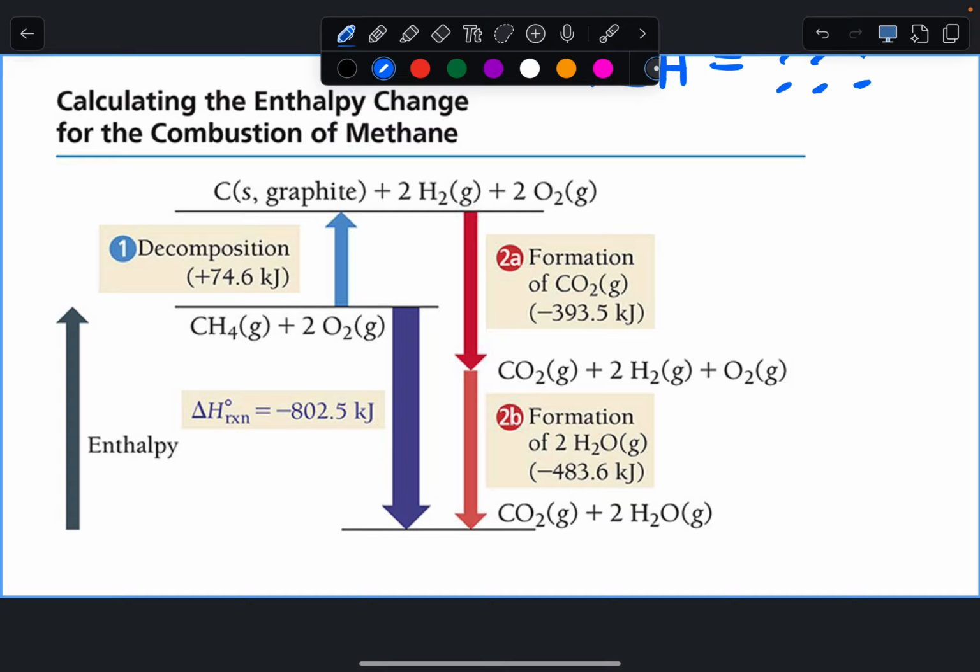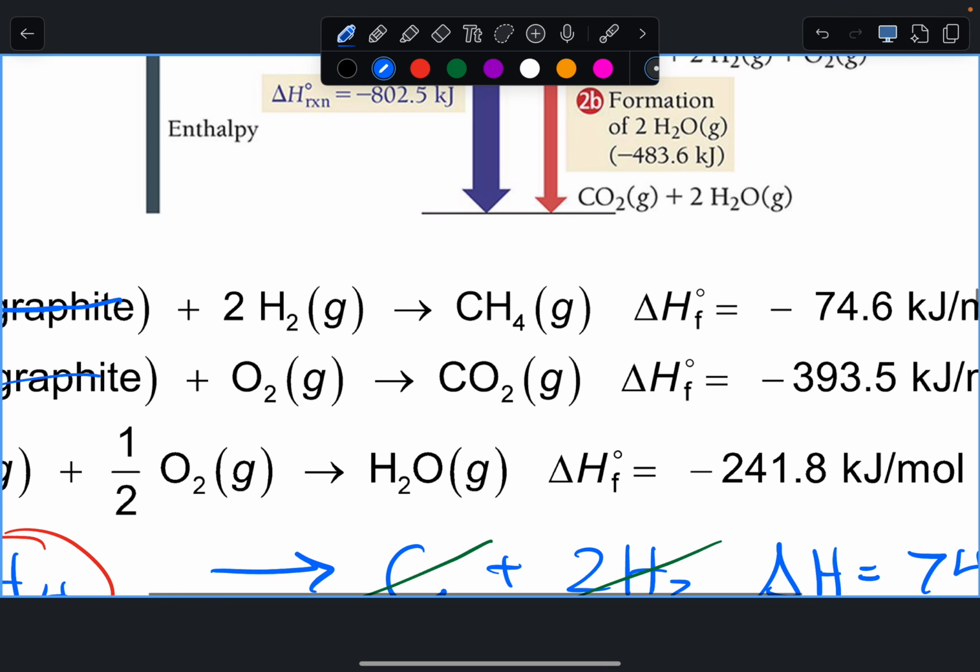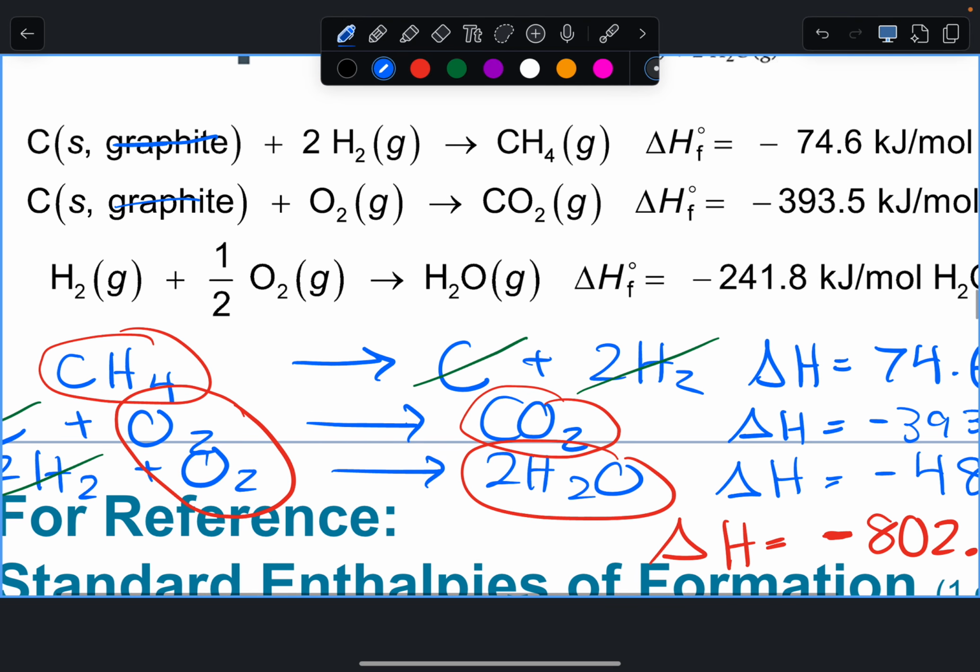So you're taking the reactants, you're breaking them into their elements, and then you're putting those elements back together into the products. So it's like you're summarizing that in these different reactions. In the CH4 one, you're breaking it up into its components, and then you're putting those back together into the products.